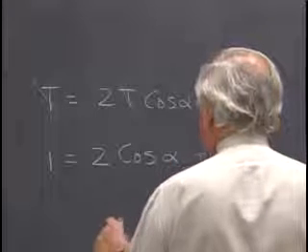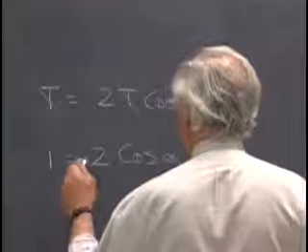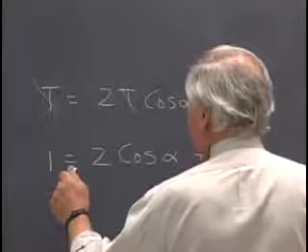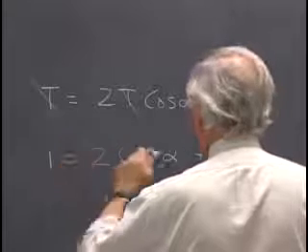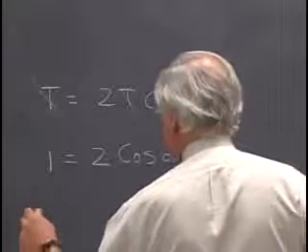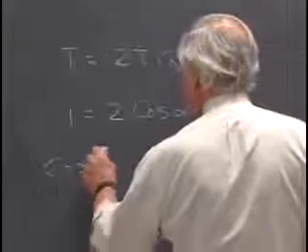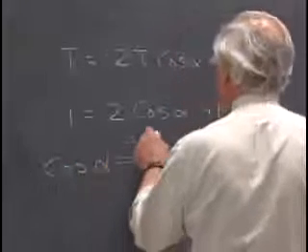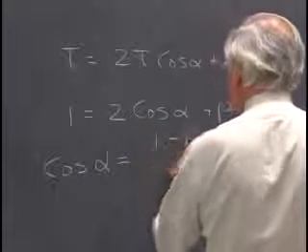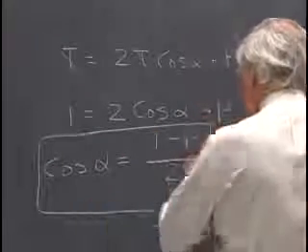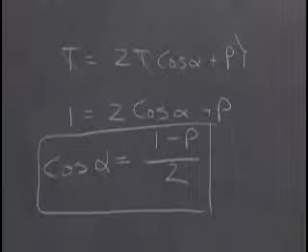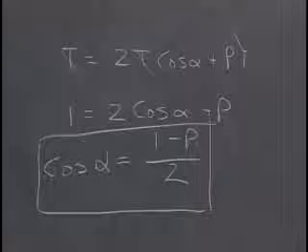And if I solve now for the value of cosine of alpha, it will be 1 minus an integer p divided by 2. So there is the constraint that must be followed if my construction is to be self-consistent.